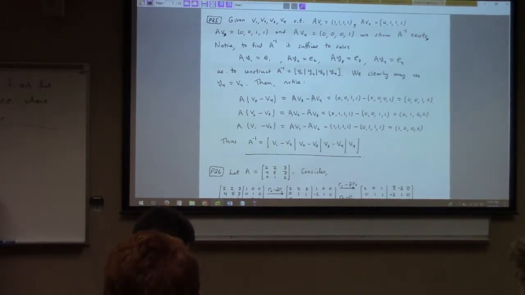It's pretty simple. If that inverse doesn't exist, that means the determinant of A minus lambda I has to be equal to 0.